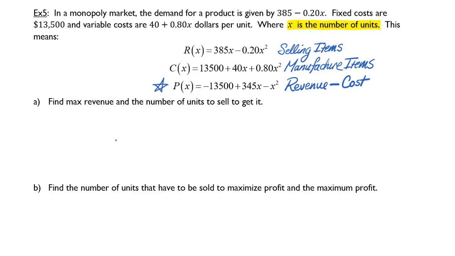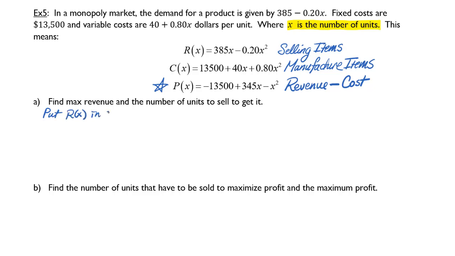So in this particular situation, when you have a monopoly market, they still want to make a profit, but their profit, revenue, and cost functions are quadratic. If you want to find the maximum revenue and the number of units to sell to get that maximum revenue, we can use one of two options.